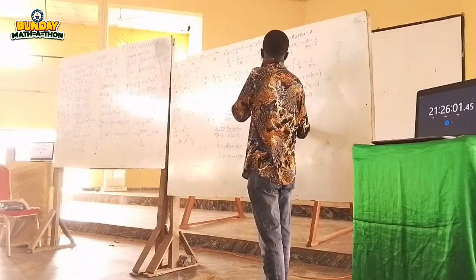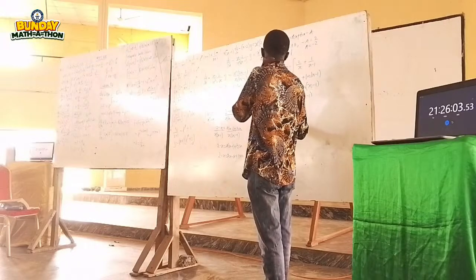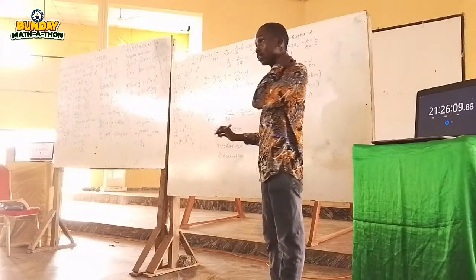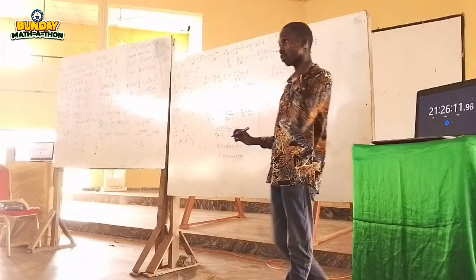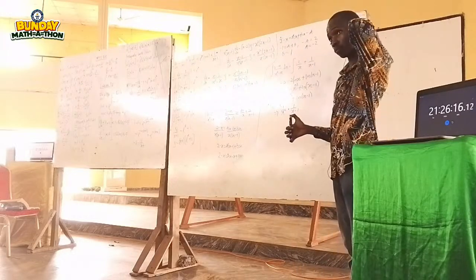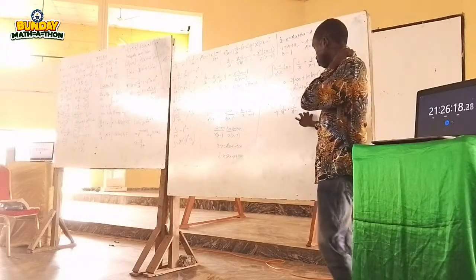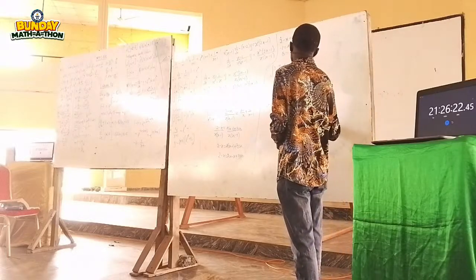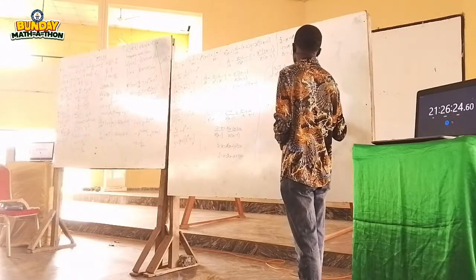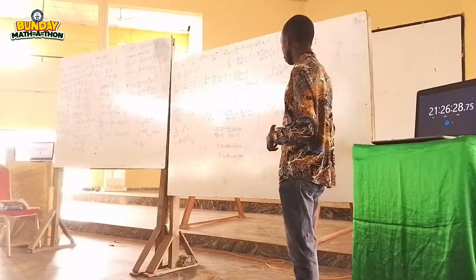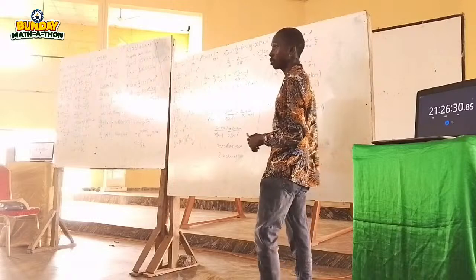I have 1 over x squared multiplying 1 over x minus 1. Let's look at it very well. So your integrating factor here is the same thing as 1 over x squared times x minus 1.